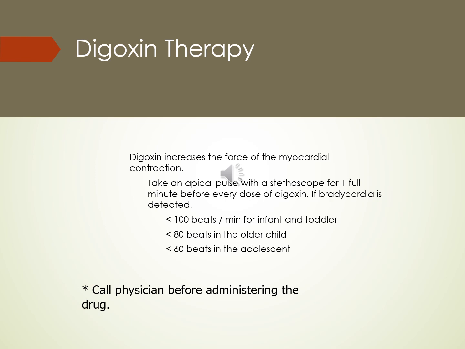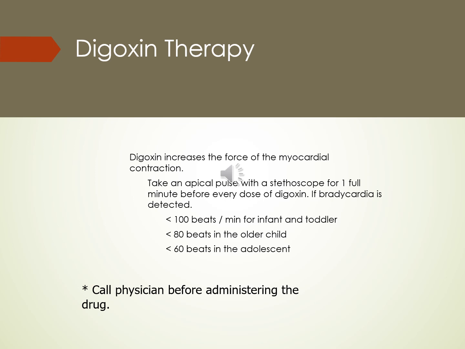A lot of these cardiac patients may be receiving digoxin therapy. So remember back from pharmacology and your med-surg courses that digoxin increases the force of the myocardial contraction. However, it does decrease their heart rate. So it decreases the heart rate, increases the force. So you want to make sure that you're taking the apical pulse with a stethoscope for 1 full minute before you give the digoxin.